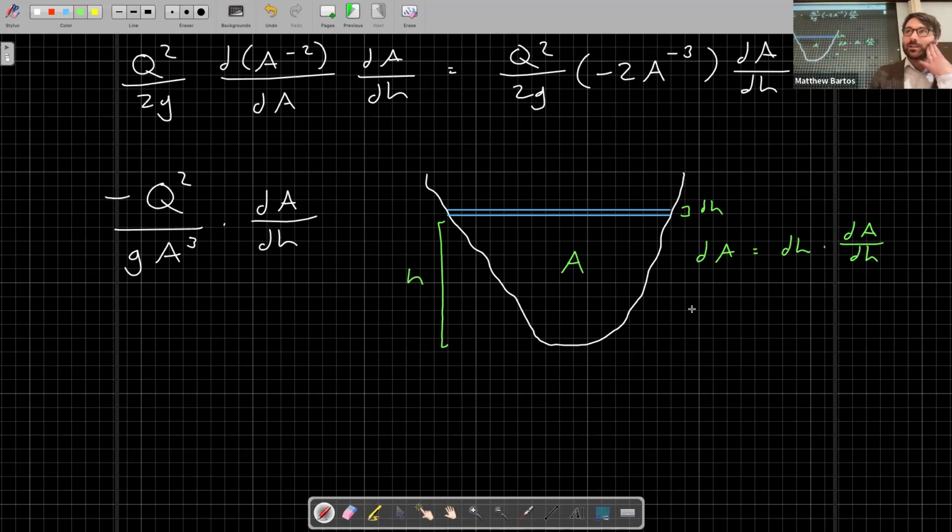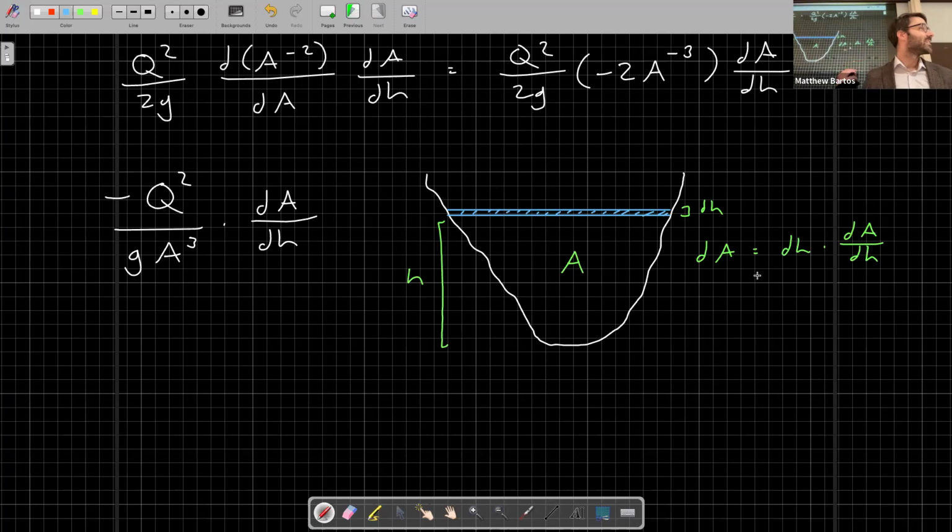So just thinking about the geometry of the channel, what's another term for dA by dH? Did I hear someone say it? What do we need to multiply by the infinitesimal change in the depth to get the infinitesimal change in the area?